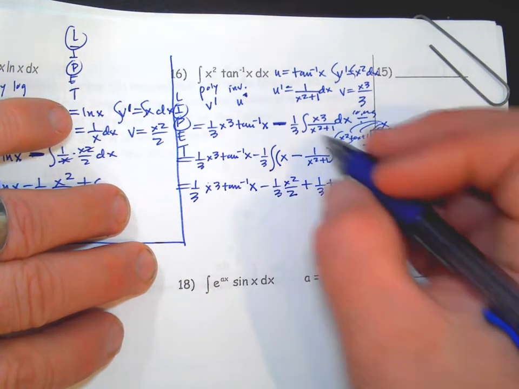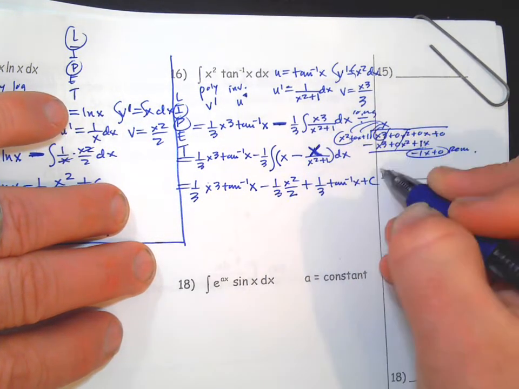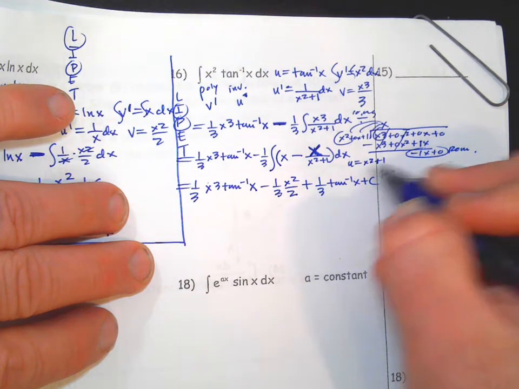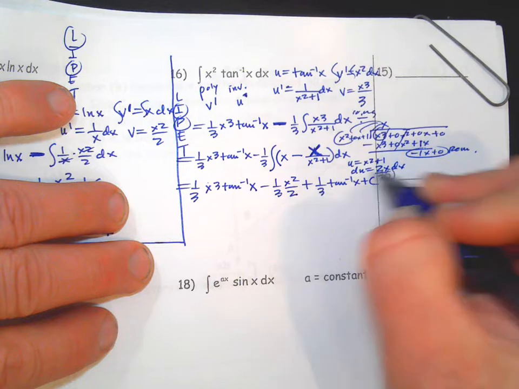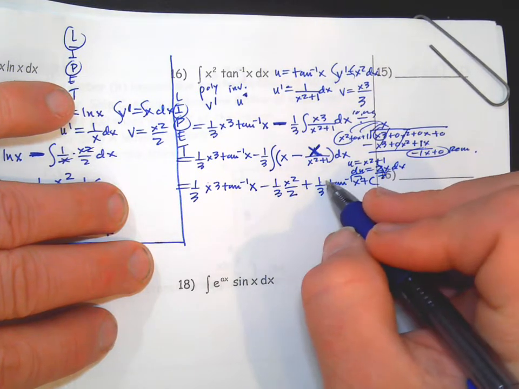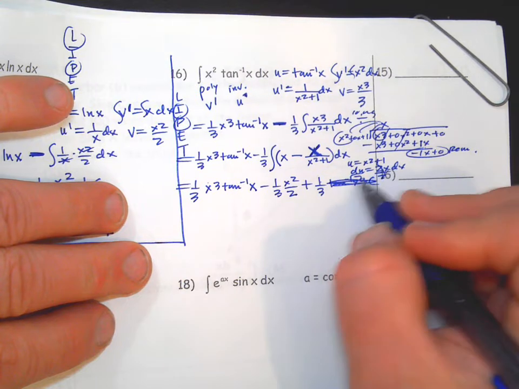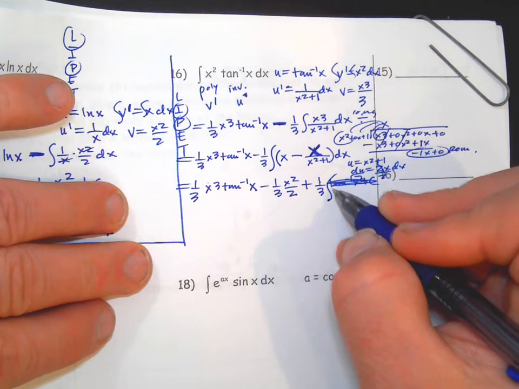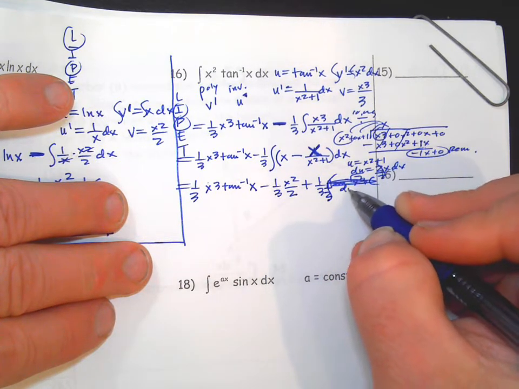Oh, wait, I messed up. The remainder has an x on the top, so that's not inverse tangent. That's u-substitution. u equals x squared plus 1, du equals 2x dx. With the 2. Wow, this one's bad. Okay, so that one's not done yet. You have another 1/2 in front, and then you have du over u inside.